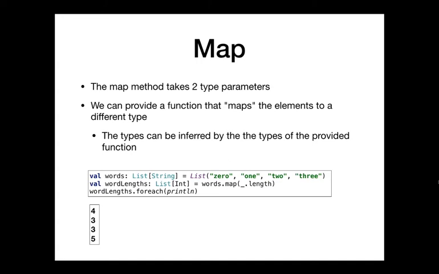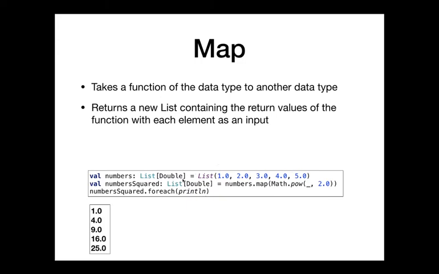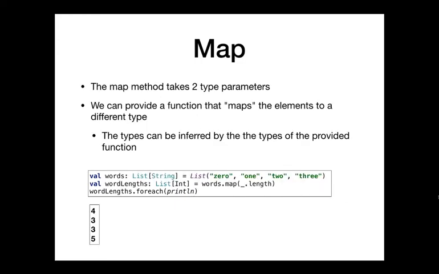The method map also takes 2 type parameters. In the last example, both of those parameters were double. But we can actually map into a new data structure of a different type entirely. So if I have my strings from the other example, and I want to map those into a list containing the lengths of each one of those strings, nothing stops me from doing that.